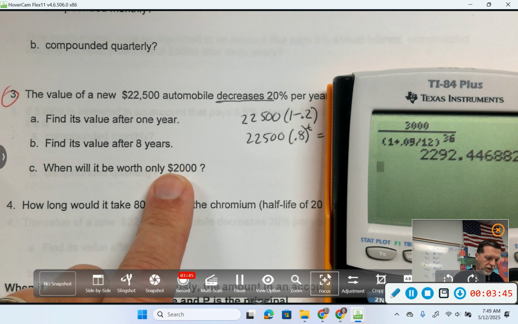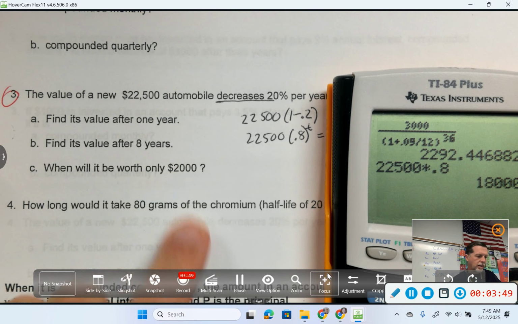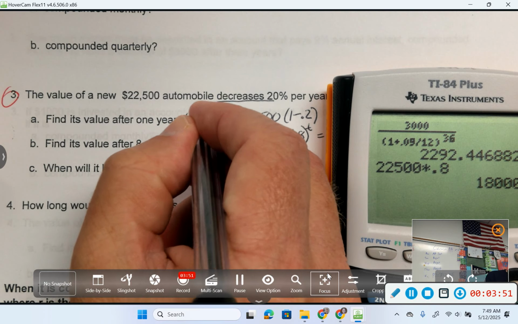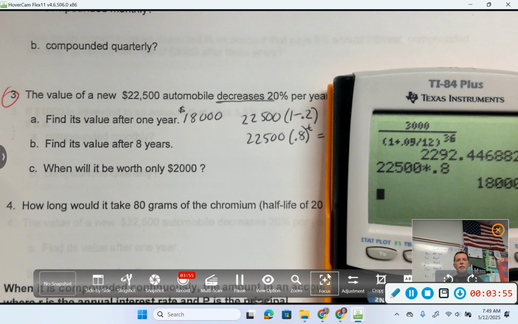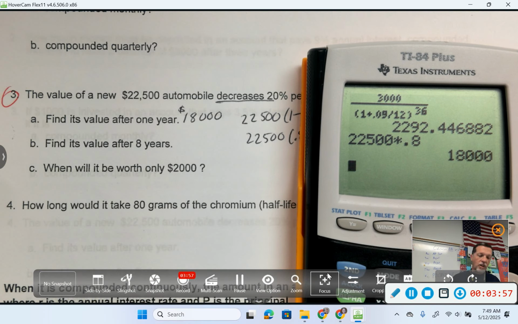Okay, after 1 year, 22,500 times 0.8. Down to $18,000 after 1 year. After 8 years, so I could do times 0.8, times 0.8, times 0.8, but that would be raised to the 8.